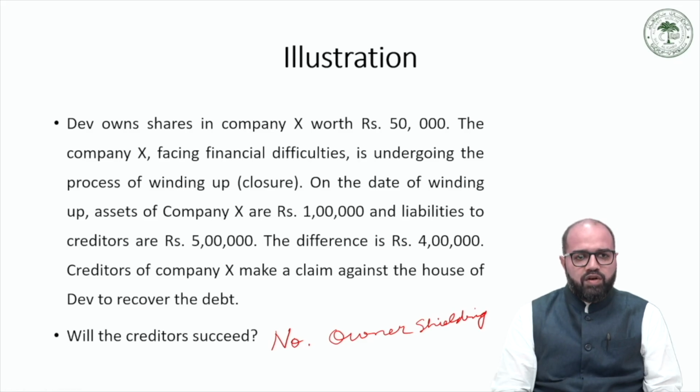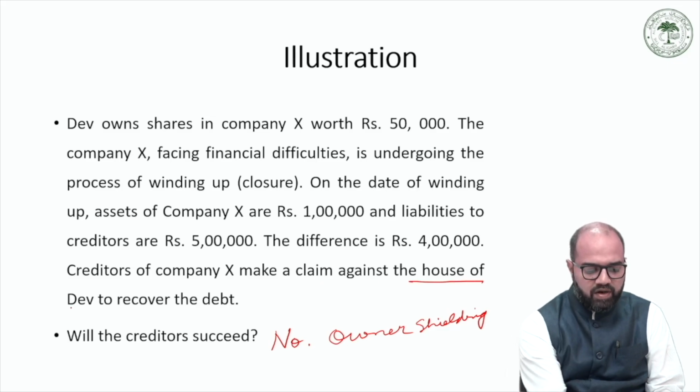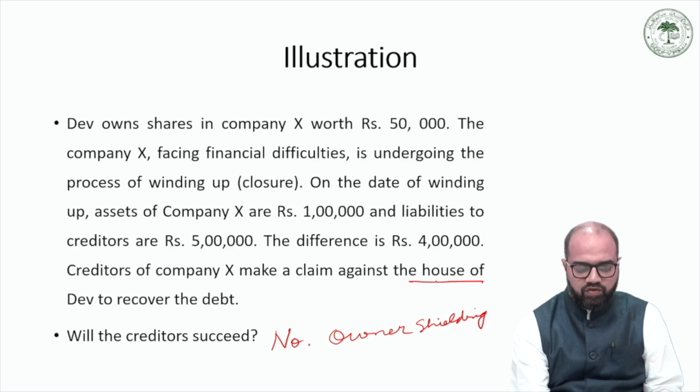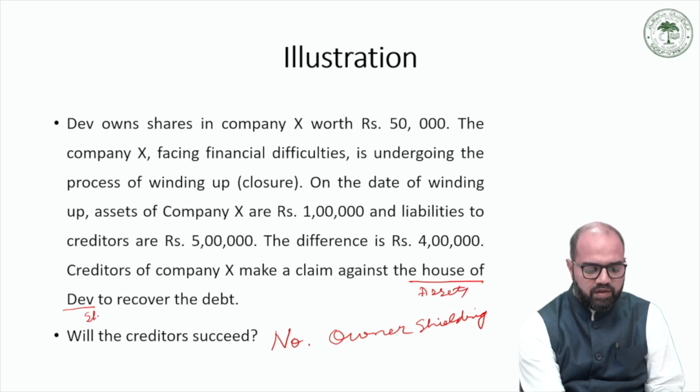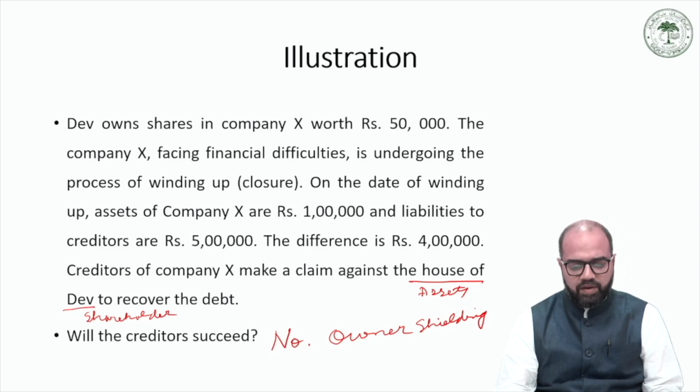So the theory of owner shielding, as I said, protects the personal assets. So what are the personal assets? The house of the shareholder. Personal assets of the shareholders against the business creditors of the company.